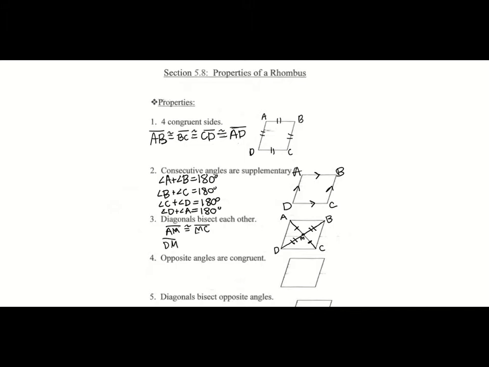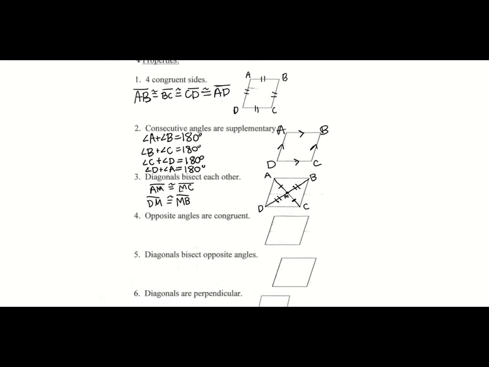DM is congruent to MB. And we know that the opposite angles are congruent. A and C are congruent, and D and B are congruent.